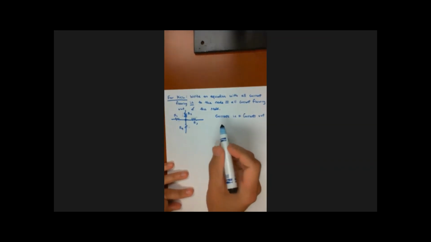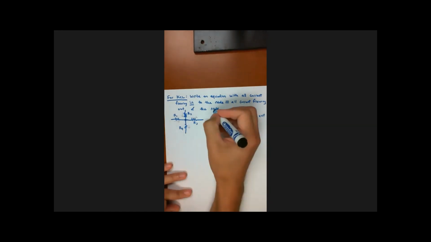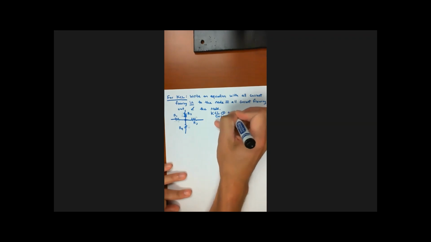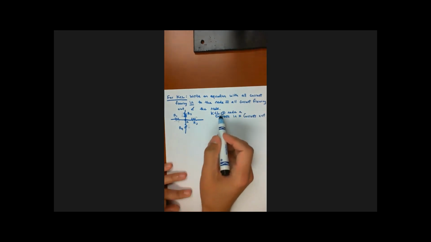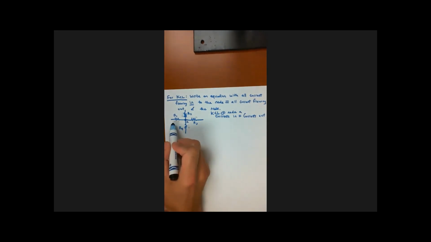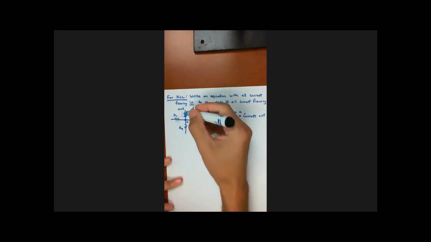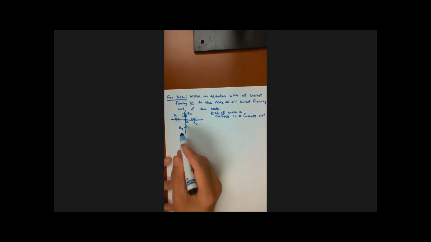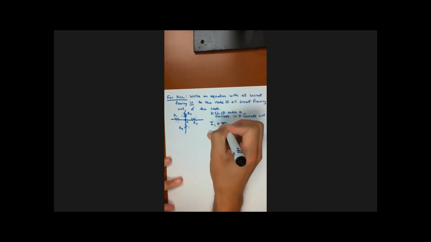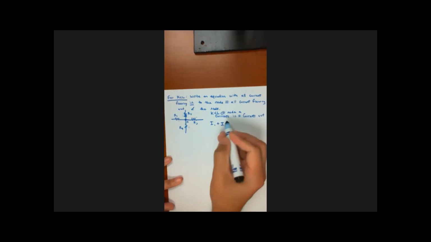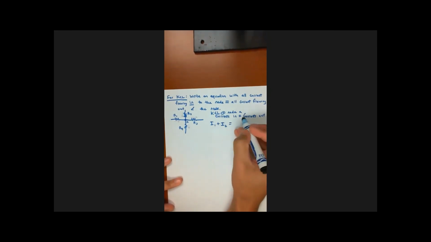So what currents are coming into this node? We'll say this is KCL at node A. What's coming into node A? Well, I1 is coming into node A, and I2 is coming into node A, and that's it. So I write I1 plus I2, that's my current in, equals my currents out.